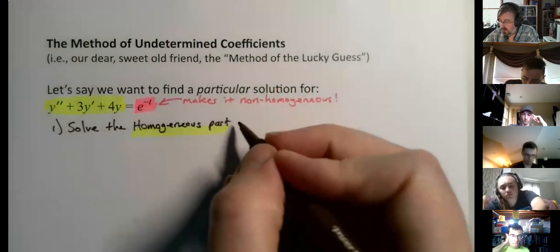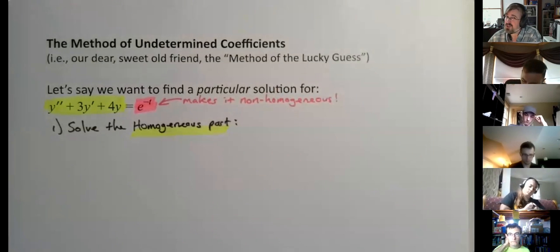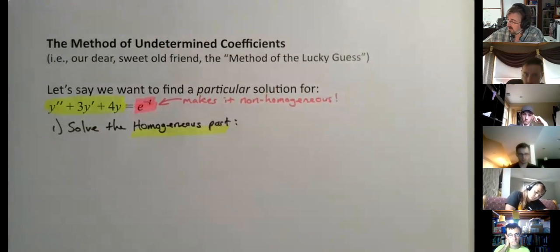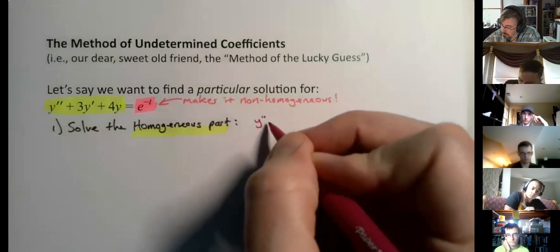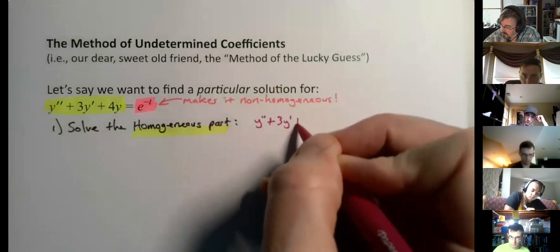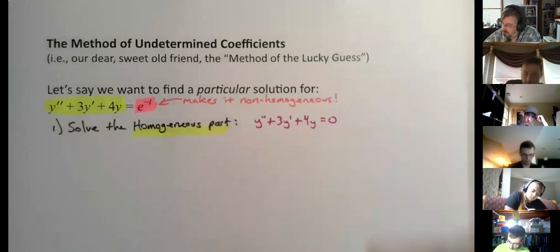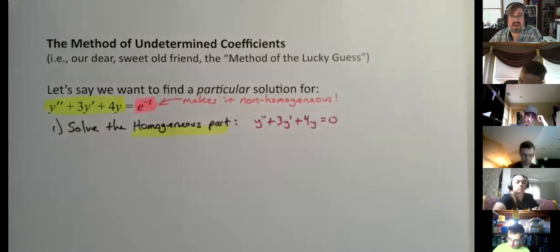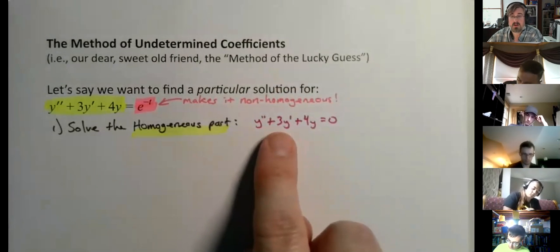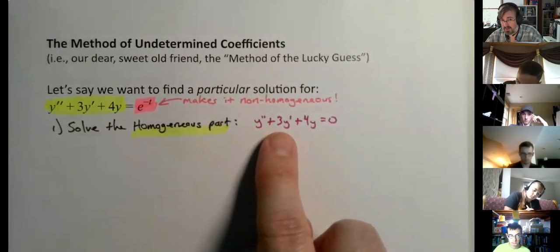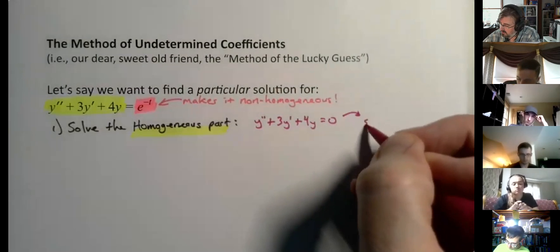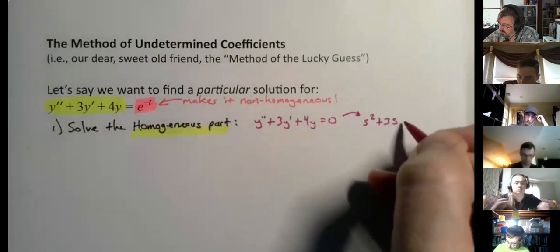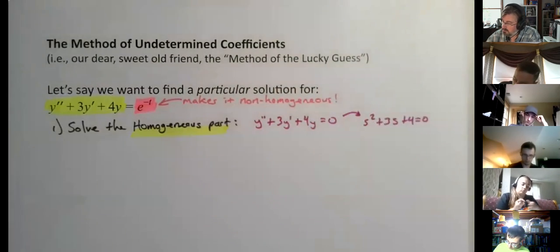Solving the homogeneous part for us at this point should be pretty easy, because really what I'm doing in this case is saying, where is y double prime plus 3y prime plus 4y equal to 0? Solve that. And you're like, no problem. I just need to get the characteristic polynomial. And that looks like this. s squared plus 3s plus 4 equals 0.